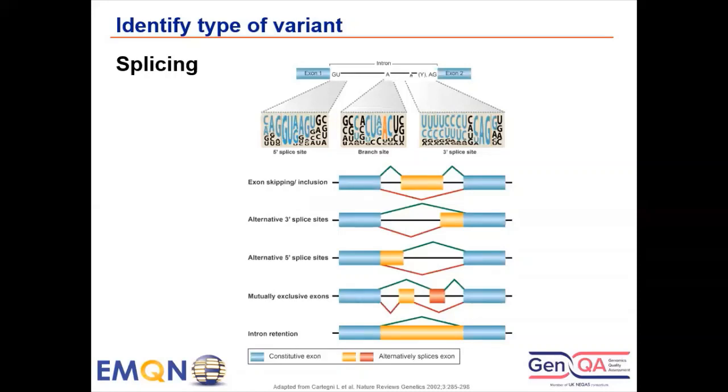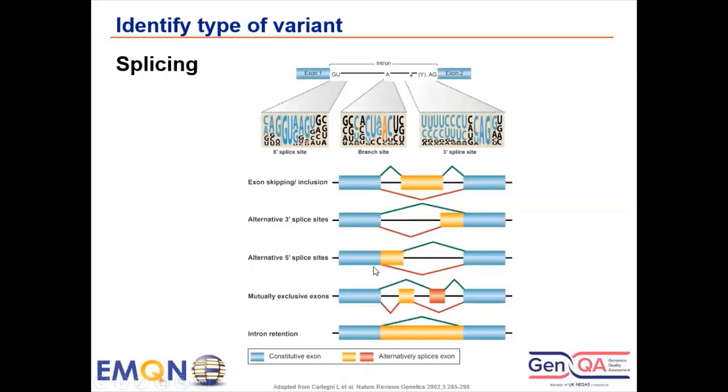What can be the effect of variants in these locations? Well, it can be that there is a skip of an exon, which occurs more frequently. Alternatively, you may introduce alternative 3' or alternative 5' splice sites, whereby extra intronic sequences are included in the final transcript.